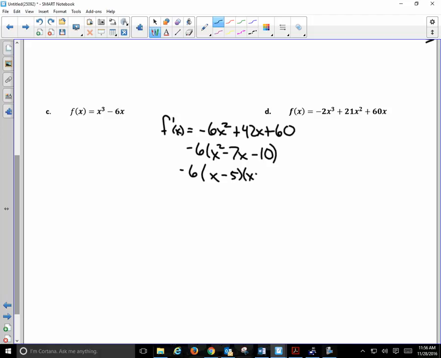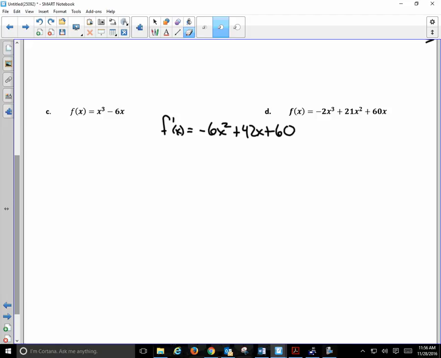Whoops, sorry. Did I not write this correctly? It would be better if it was a -60x, wouldn't it? So if it doesn't factor, then we have to leave it like that. So we have -6 times x squared minus 7x minus 10. And as you said, it does not factor. So if it doesn't factor, what do we do? Quadratic formula. Somebody punch in quadratic formula. Tell me what we get.